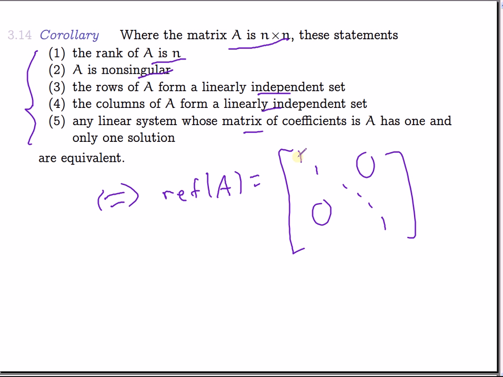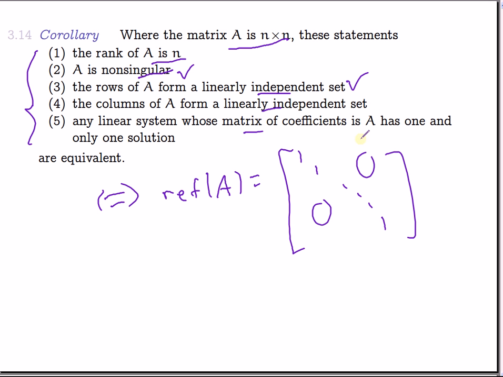Okay. Clearly, if the rank of A is n, the rank of the reduced echelon form is n, then the reduced echelon form of A must be the identity matrix because you need to have a leading entry in every row and every column. We know that that's the same thing as saying that A is non-singular. We know that's the same thing as saying that the rows are linearly independent because here we have a basis of the row space which consists of all the rows of the matrix.